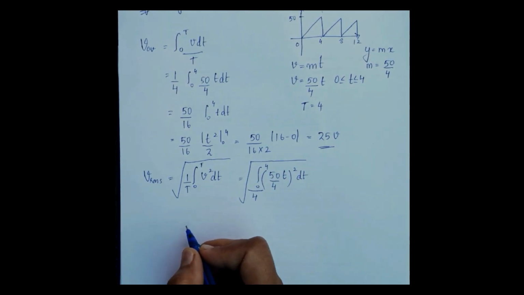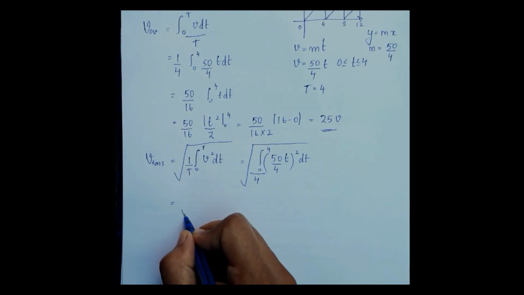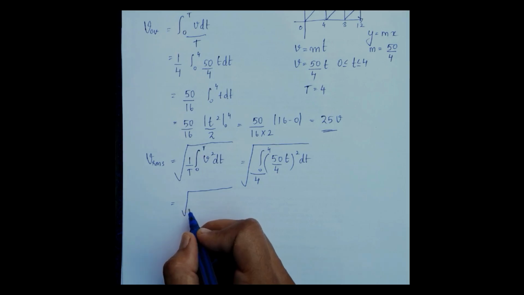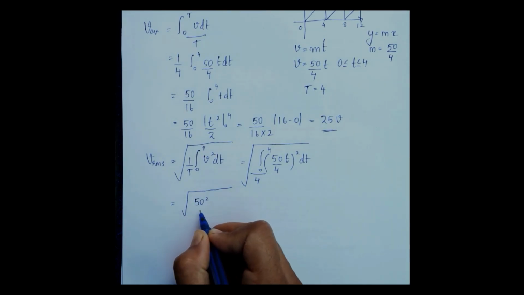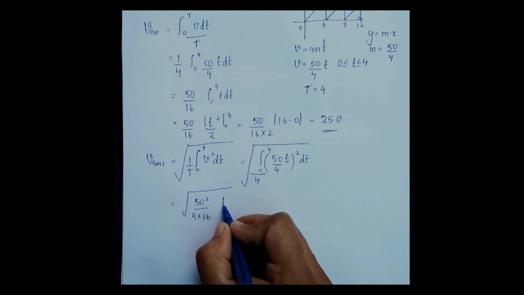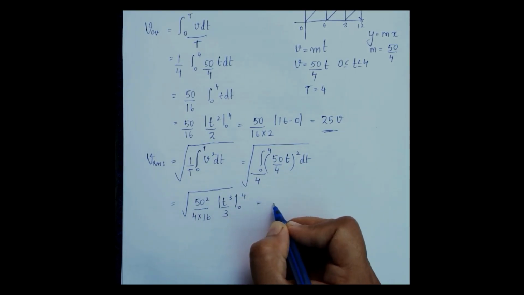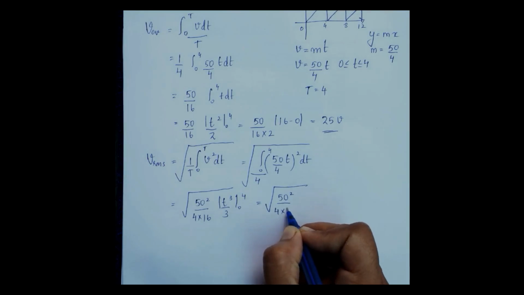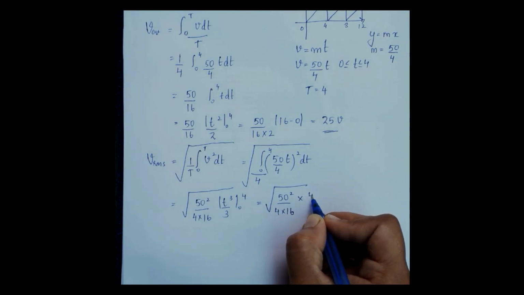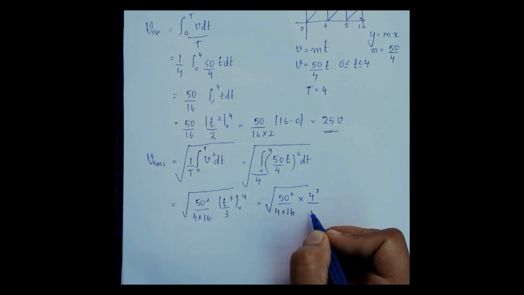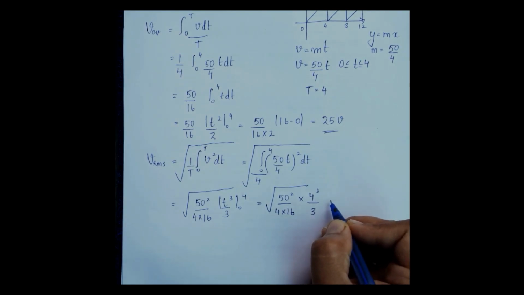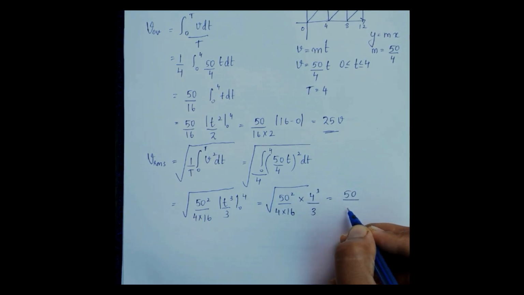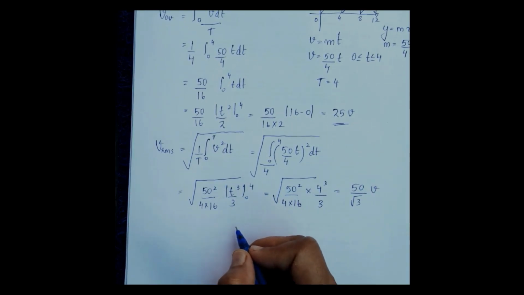Now let's take out the constants. T square will be t cube by 3 from 0 to 4. These are simple equations you can solve, and using V average and V RMS we can find the form factor and peak factor.